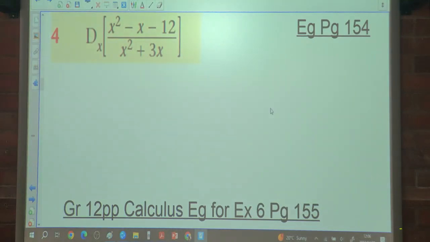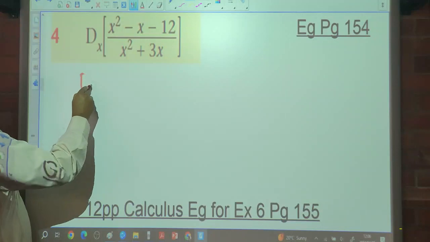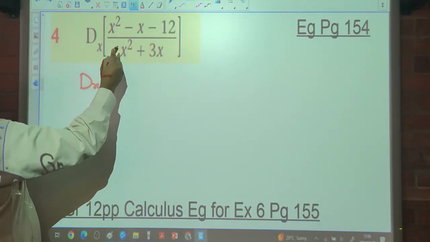Alright, number 4. d of x, or the derivative of x squared minus x minus 12 all over x squared plus 3x. Is that in the form of ax to the exponent n? No. So what do we have to do first? Factorize numerator and denominator here. Not so?